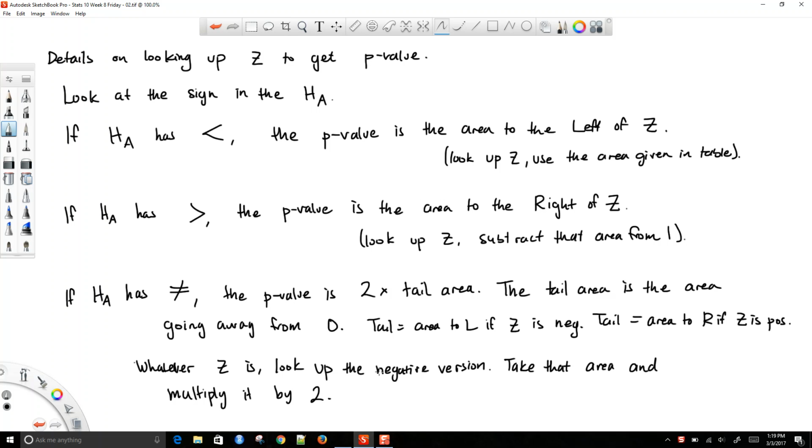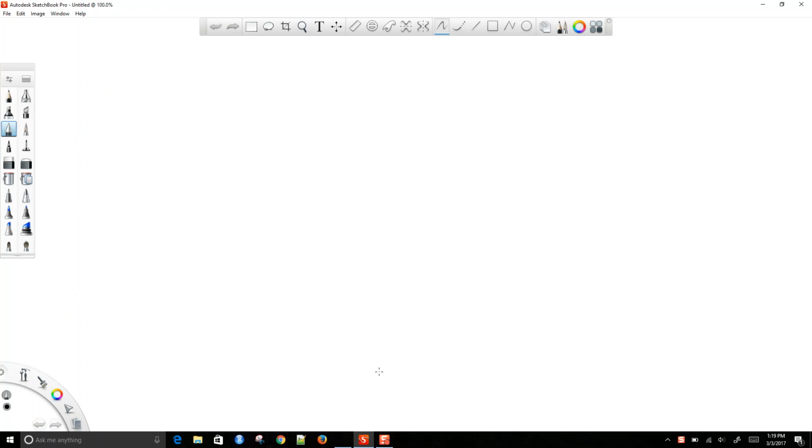All right, let's just do a practice problem here to make sure that we got this right. Let's say you set up your hypothesis. Here's the practice problem. We'll say your null hypothesis is that P is equal to 0.3.